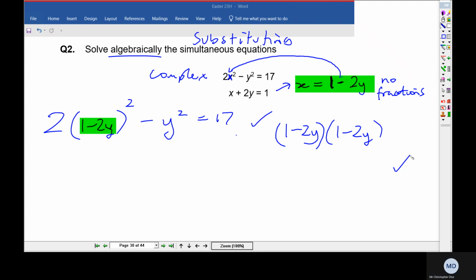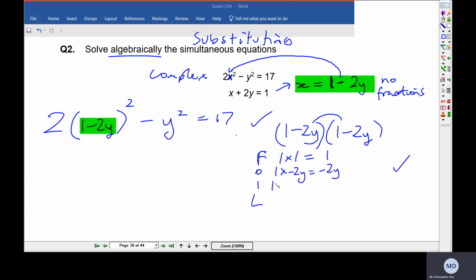Right, your FOIL. I know some of you are really good at that, so you've already finished it. It's really worth not rushing the FOIL, because if you mess it up, you've got no chance of getting many marks in the rest of the question. So I would write it down. First, 1 times 1 is 1. Outers, 1 times minus 2y is minus 2y.